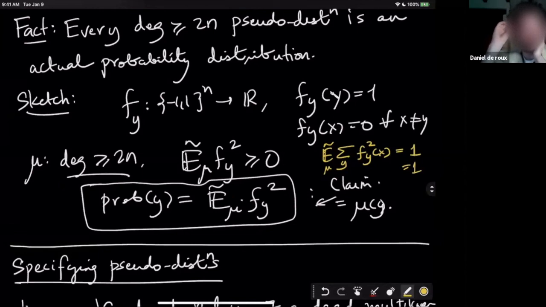Yes. Right? And so now the only thing to check is why the expectations are going to agree. Again, this is another application of the fact that all functions on the hypercube are polynomials of degree at most n.